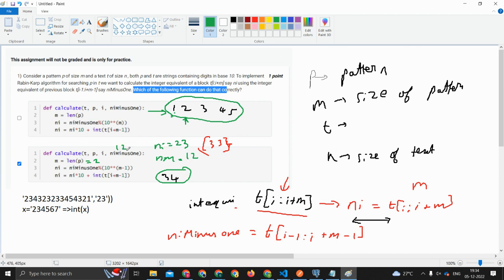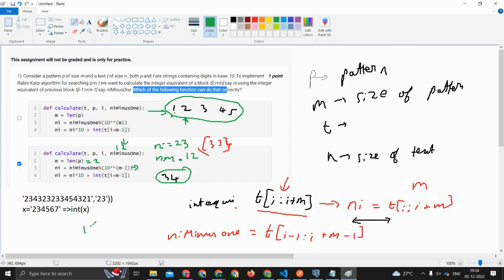So you have n minus 1 is 1, 2. So n_i is nothing but this, which will give us the last element. That's the whole point over here.